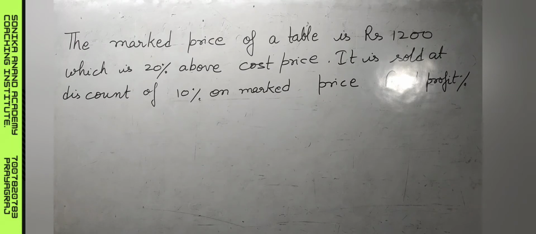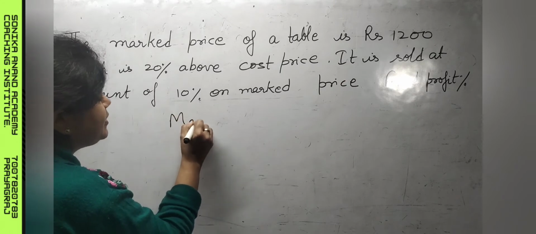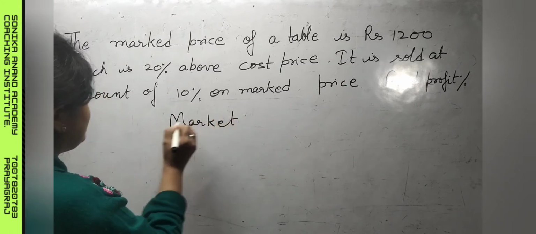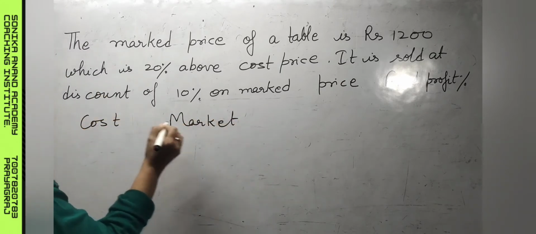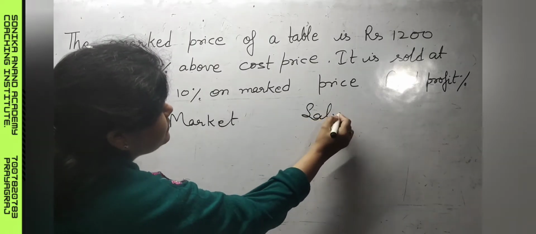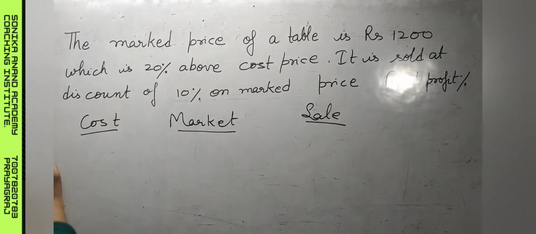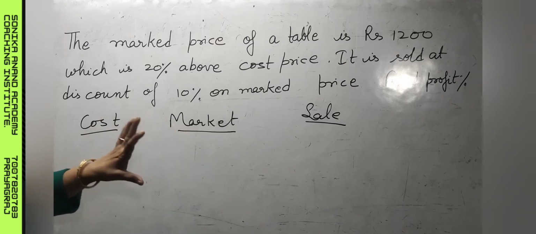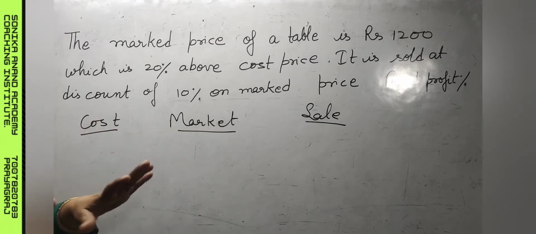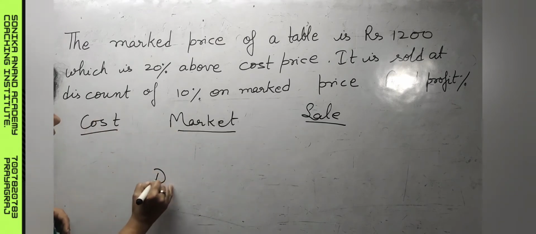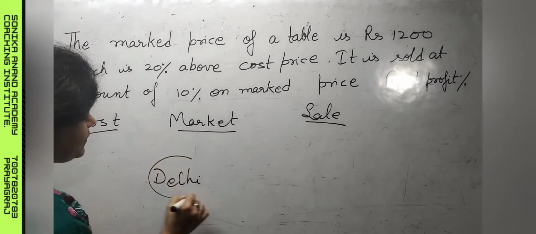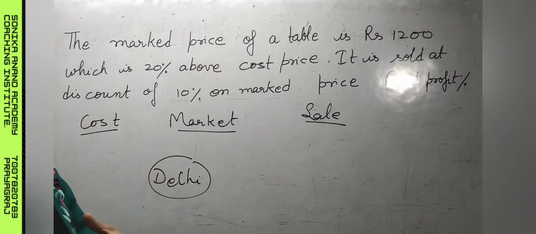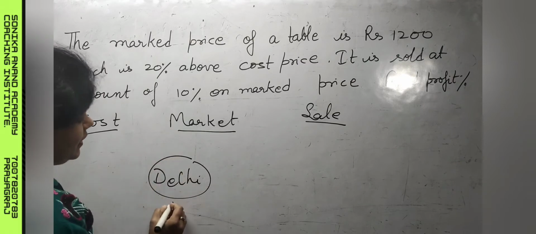Listen over here. There are three prices: the market price, the cost price and the sale price. Now what are these things? There's a shopkeeper who goes to Delhi and purchases, for example, a table.